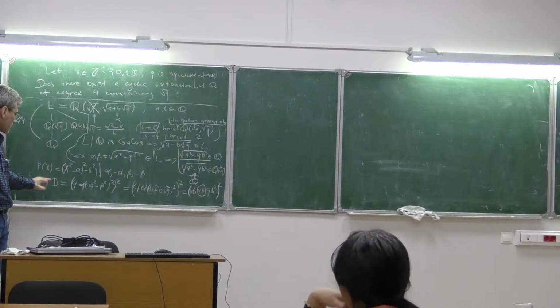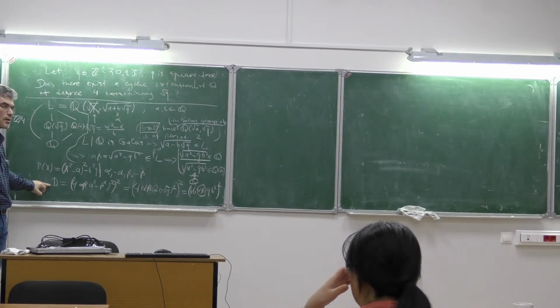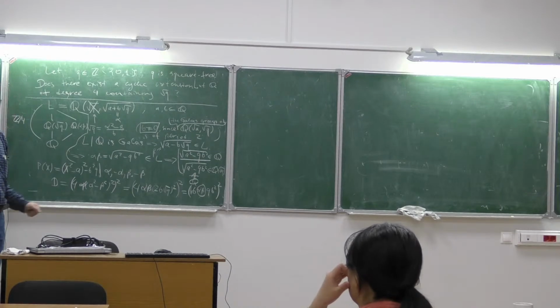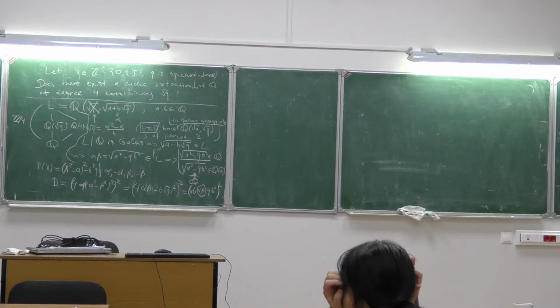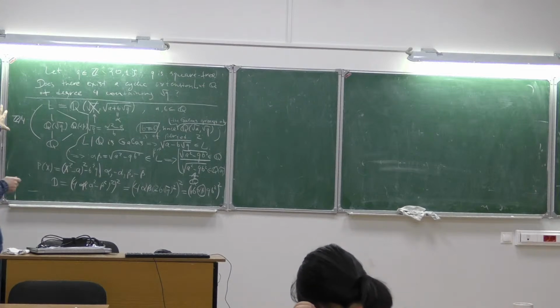What happens if D is a square? If D is a square, then our Galois group should consist of even permutations. But in our case, you see that we have a permutation of 4 elements. A cyclic permutation of 4 elements is not even.